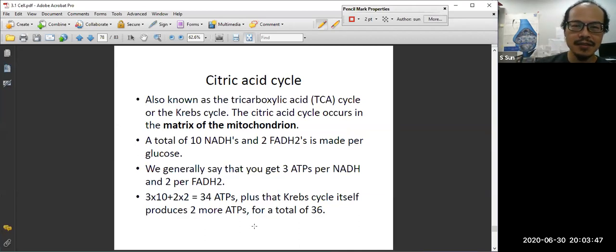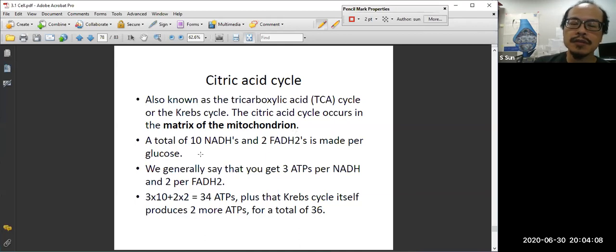Citric acid cycle is also called TCA cycle, also called Krebs cycle. So you can hear these terms kind of interchangeably in different areas. The location is key though. You need to remember that they are located in the matrix of the mitochondria.